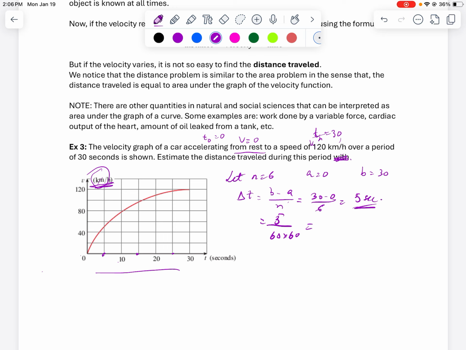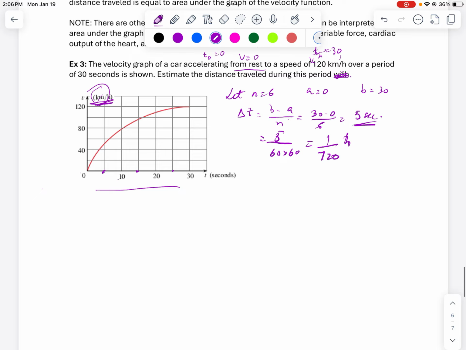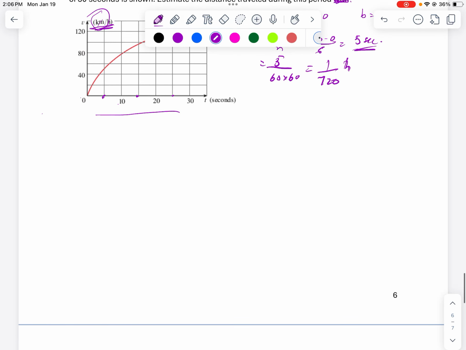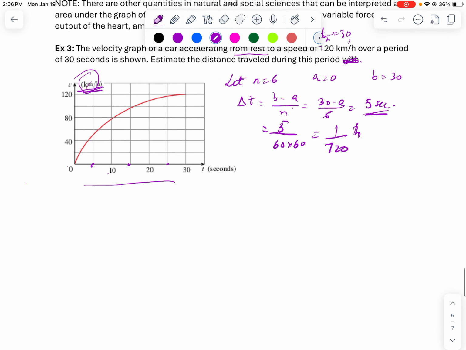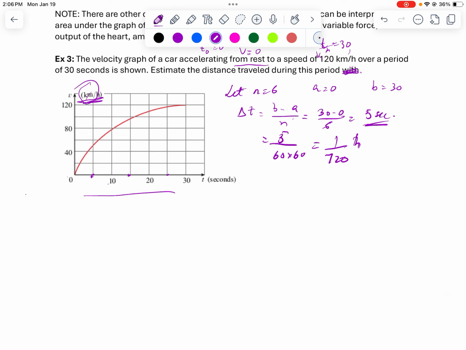Now either we can make a table or we can just list. It's your choice. So if I make a table, this is my t and this is v. Now this is, remember, in hours. We don't need this. We can do without this. I think that will be easier. So what will our t naught be?